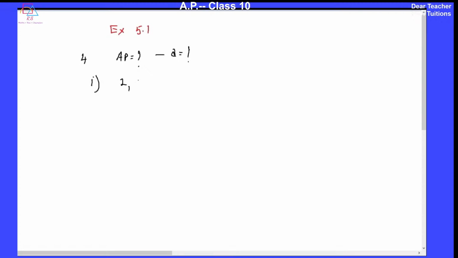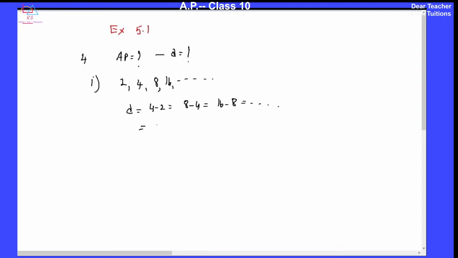2, 4, 8, 16 and so on. So now let us find out D, whether it forms an AP or not. 4 minus 2 is equal to 8 minus 4 is equal to 16 minus 8 and so on.